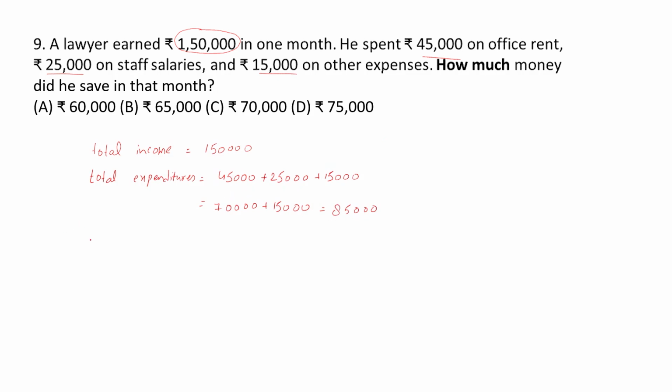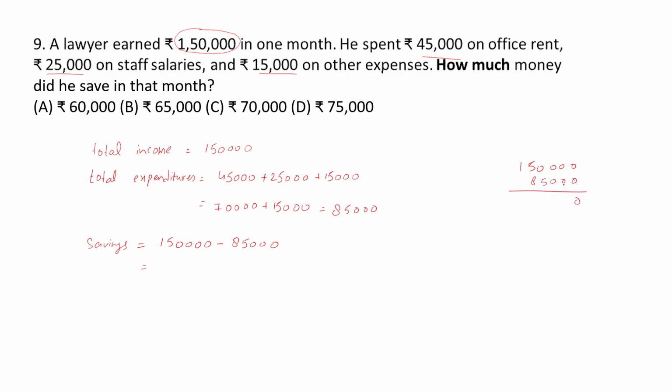So saving, how much savings did he make? How much money did he save in that month? So savings will equal 150,000 minus 85,000 because this is his expenditure. So let me subtract. 150,000 is this, and 85,000 is 0, 0, 0, 5 and 8.